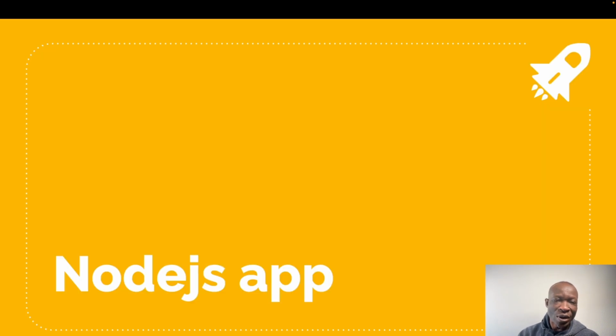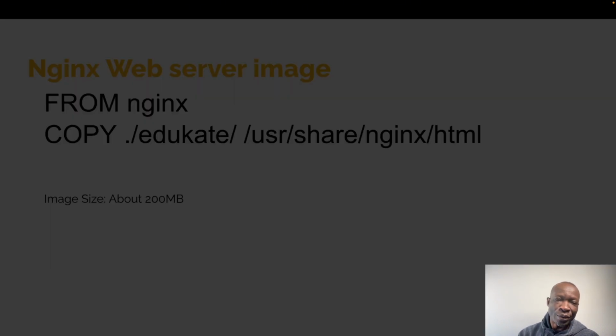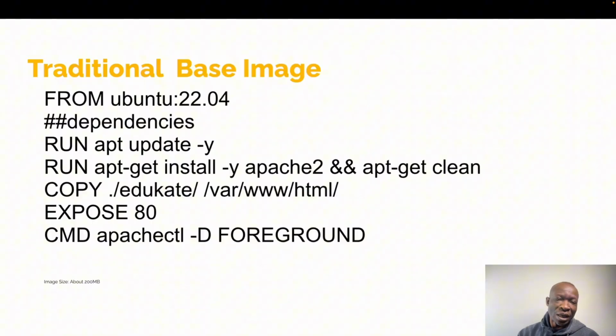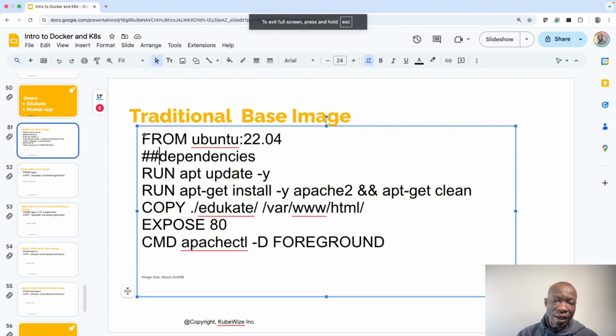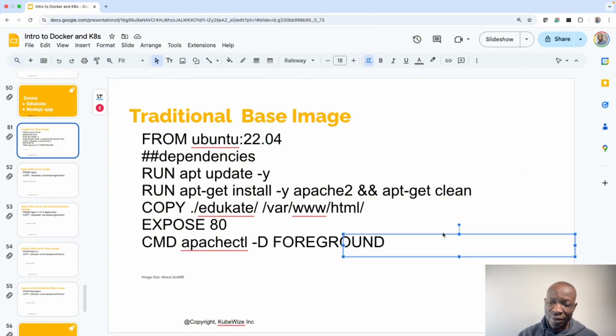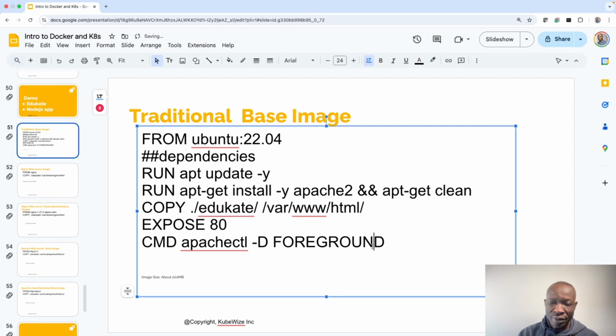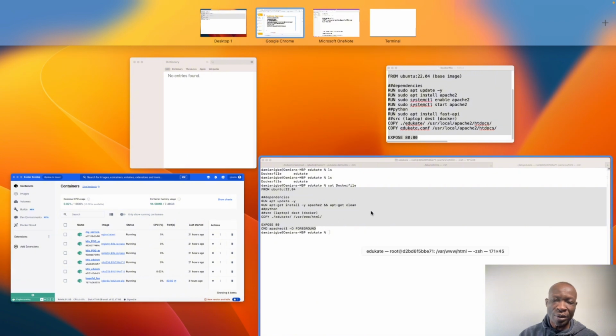Let's go ahead and build the images. So basically, I'm going to copy these lines here and then show you the images. Okay, let's copy this, then come here to my environment.